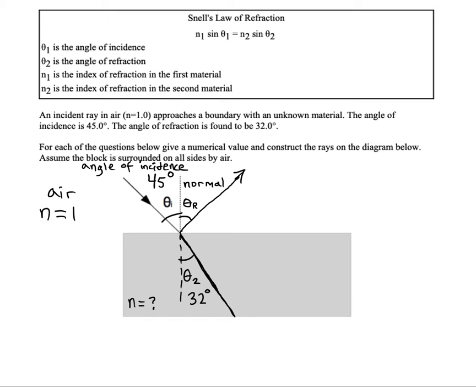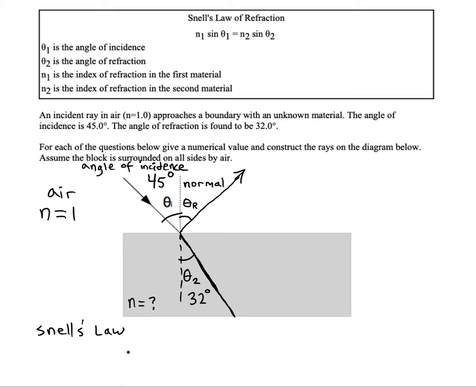We also want to determine what that index of refraction for the material is. To do that, we're going to use a thing called Snell's law. Snell's law gives us a relationship between the angle of incidence and angle of refraction, and also the indices of refraction for the materials involved.